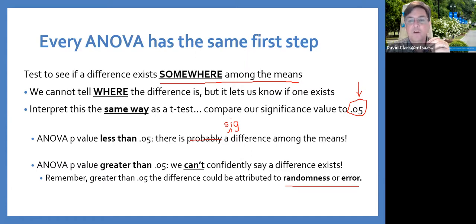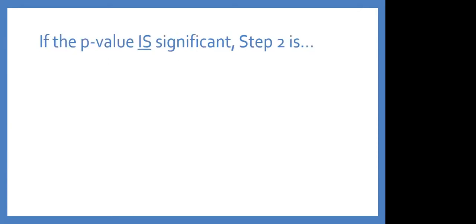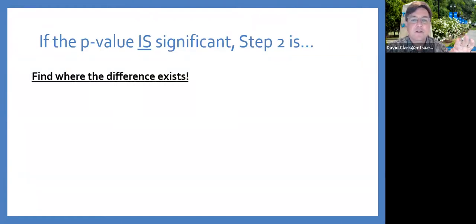Now, you're in the middle bottom of page, middle half of page 3. If that p-value is significant, you then need to find out where the difference is.